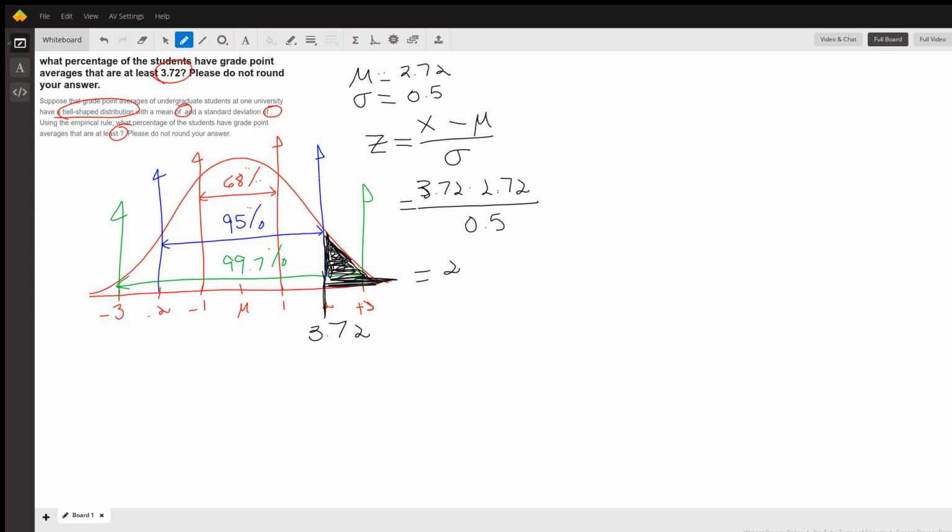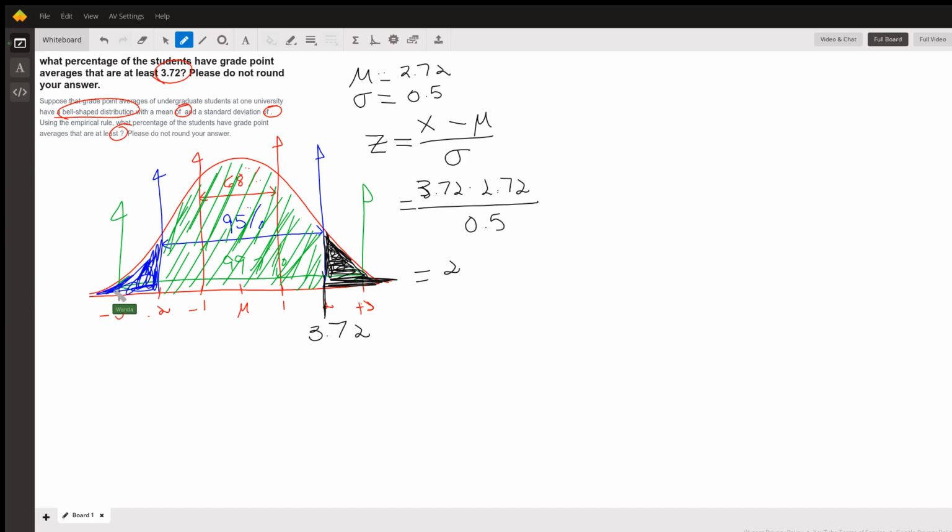Well, we know that the area between +2 and -2 standard deviations, that area that I've kind of shaded in green, was 95% of the area under this entire curve. The area under the whole curve is 100%. We're looking at the upper tail. The lower tail is this part.